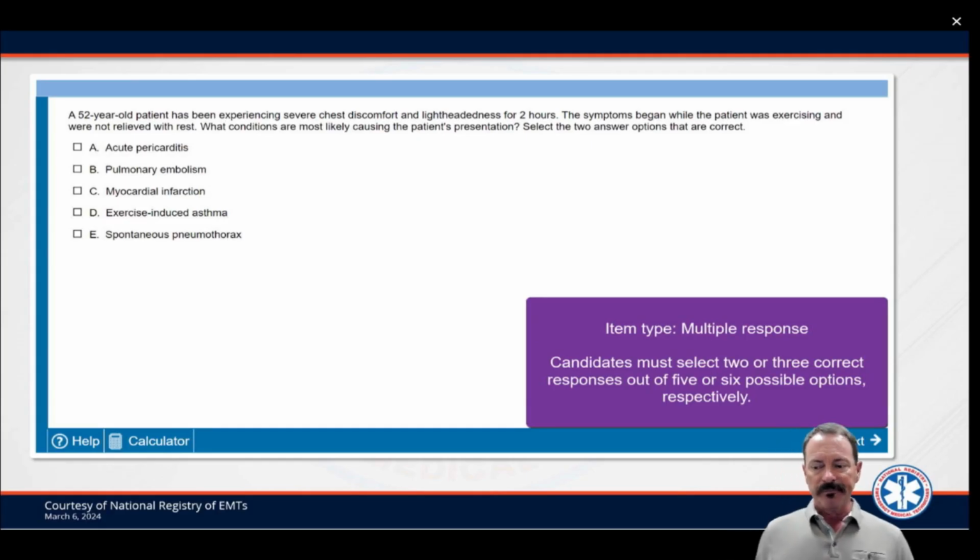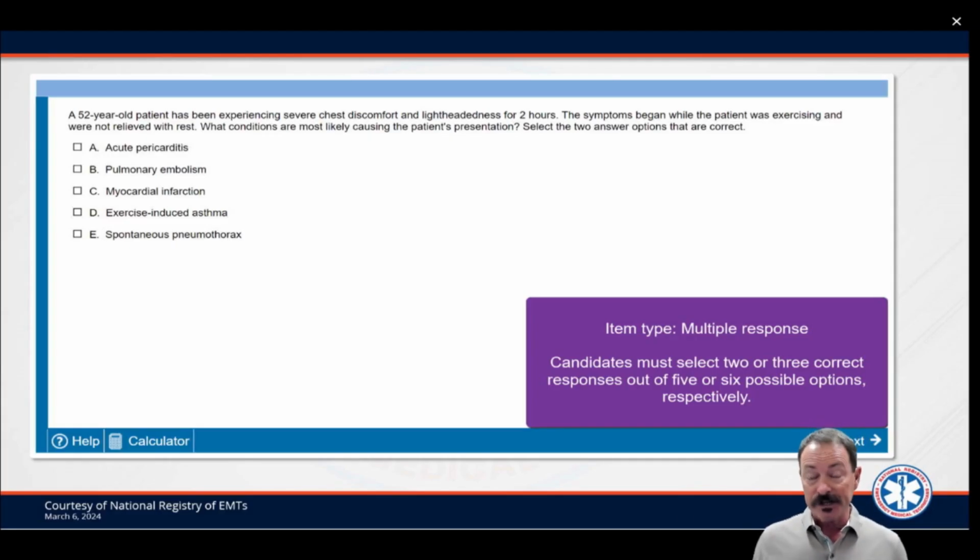Okay, so they had experienced severe chest discomfort for 2 hours and lightheadedness, and it occurred when they were exercising. And now it doesn't stop, it doesn't get relief with rest. Well, I know the answer. That would be a myocardial infarction.